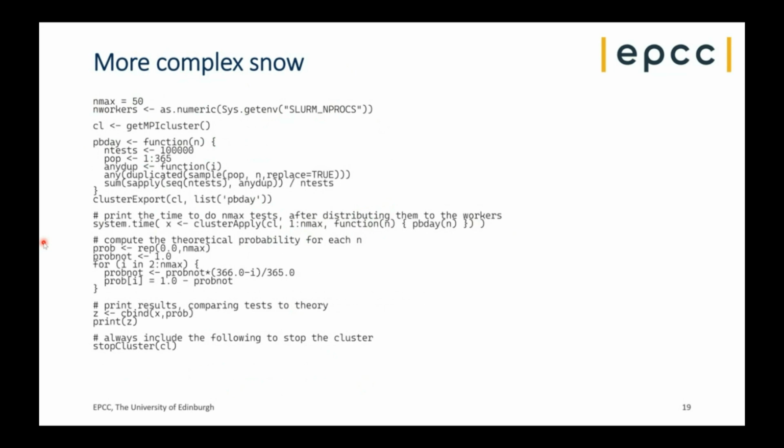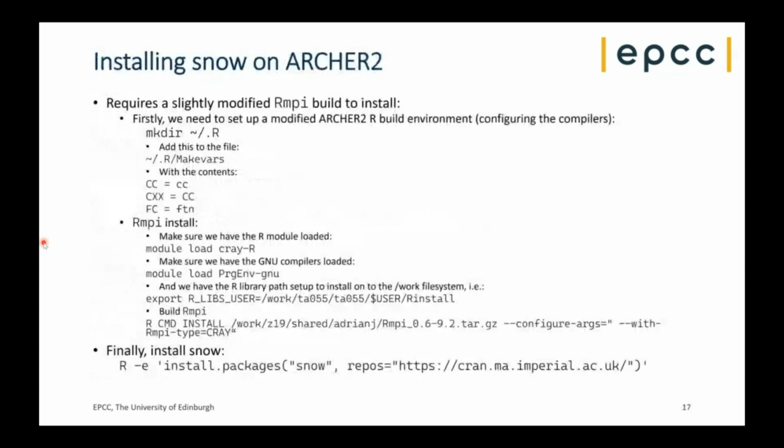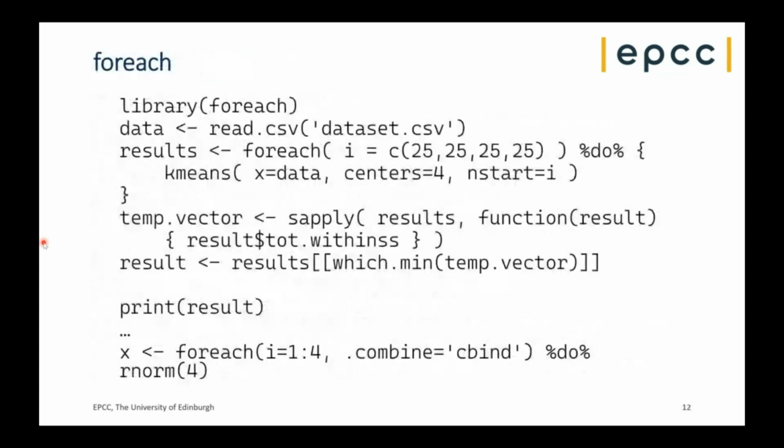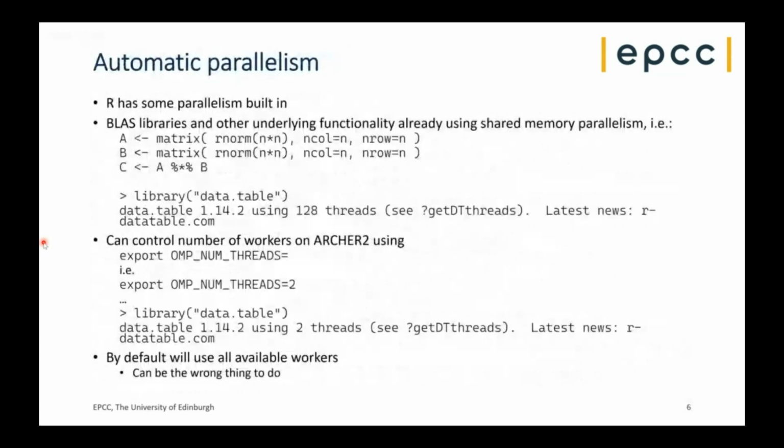We have to remember that some of the function calls or the built-in R functionality will try and do parallelism themselves on the nodes as well, and we can get some interaction there. So if we're going to do some of our manual parallelism like this, we probably want to disable some of the automatic parallelism that you get from R in things like the matrix multiplication and the data table stuff, just by specifying a small number of threads when we run the job.